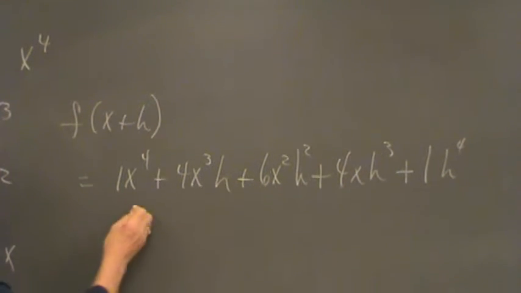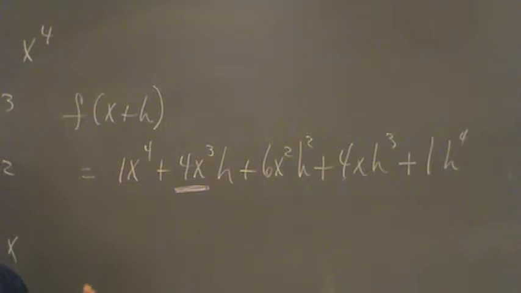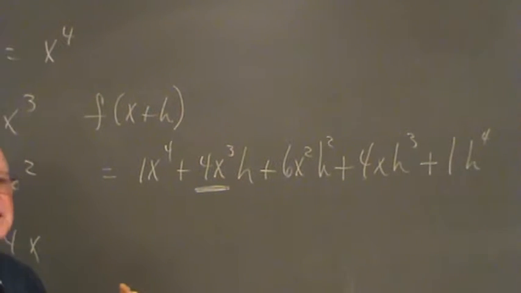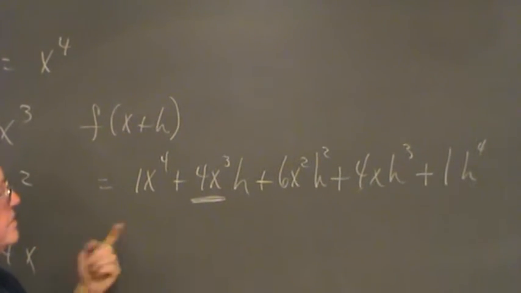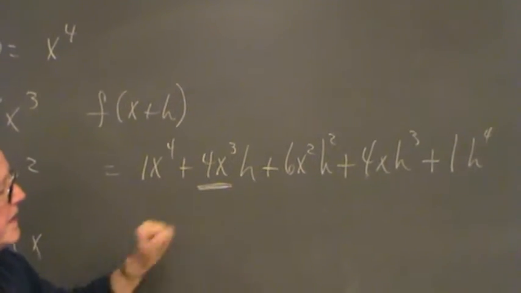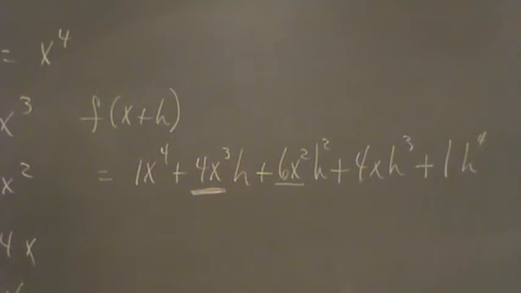Now, if you look at this number right here, 4x cubed, that's the derivative of f of x. We would normally subtract f of x, divide by h, and take the limit as h goes to 0, and that gets us this.